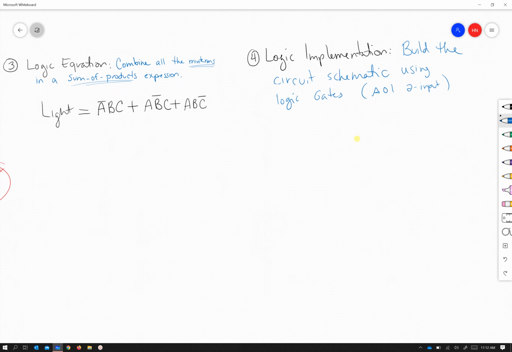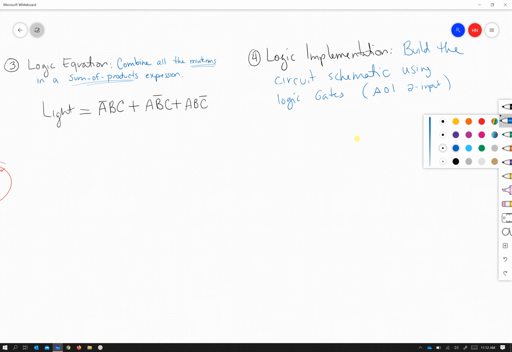Okay, so I'm going to sketch this one here, and I could show you how to do it in Multisim as well. But for now, I'm going to put a battery here, and depending on the software that you're using, I'm going to use 5-volt battery because my AOI logics work with 5 volts.